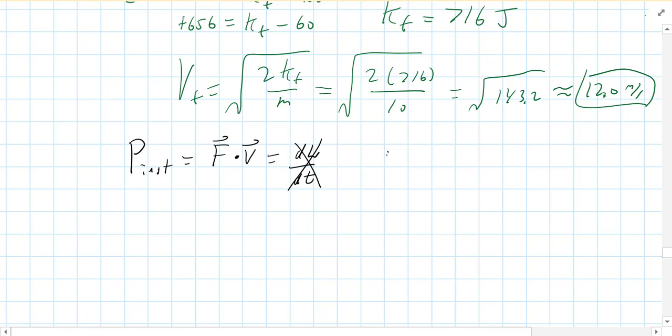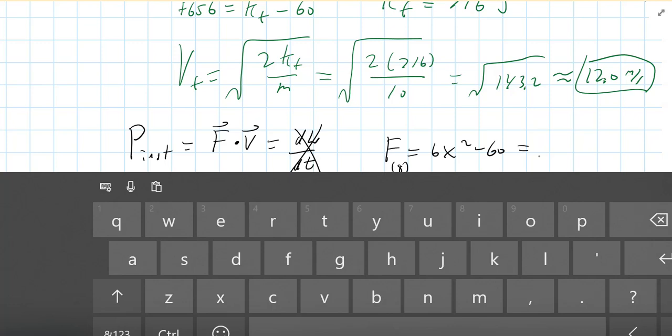What's the force? So here I have to plug in. Force is 6x squared minus 60. And I'm looking at the end of the motion, so I'm looking at the 8-meter mark, so I have to plug in my 8 there. So if I plug in 8, I get 6 times 8 squared, I get, oops, sorry about that, 384.